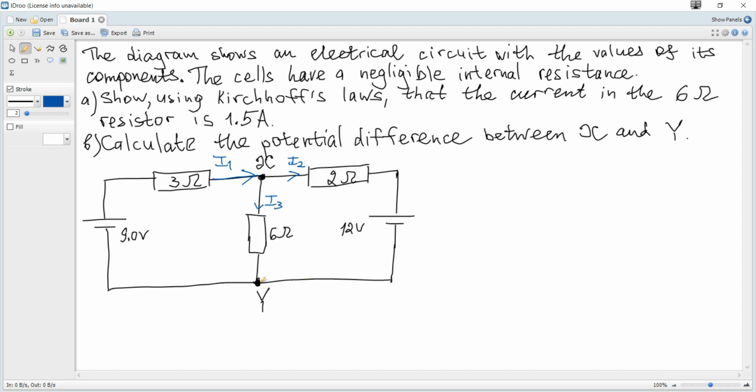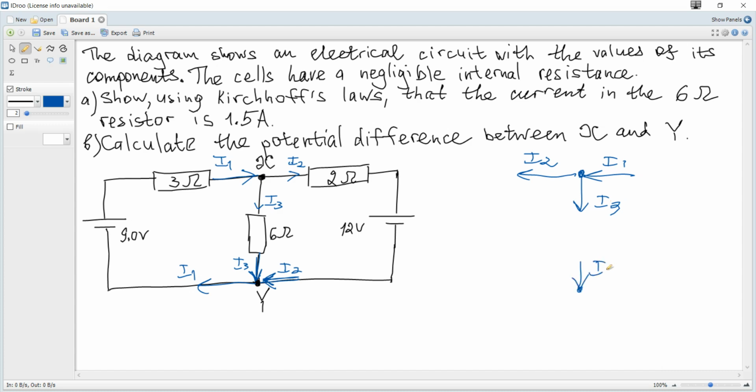Hence I2 is in Y, because I2 is moving in clockwise direction, and I3 is in Y, and current I1 is in this direction because it is moving in clockwise direction. There is another possibility. For example, let current to the right from X be in. Indices don't matter. Hence, this current must be out, and this current also must be out.